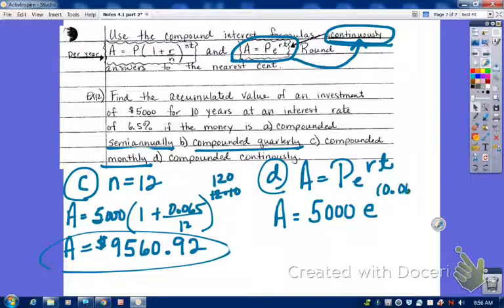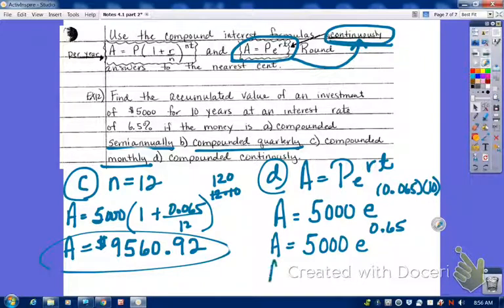All right, remember your rate. You have to still move the decimal. So it's going to be 0.065 times 10. So before I put it in my calculator, I would probably go ahead and multiply 0.065 times 10 and then enter that into my calculator. So that's going to be 5,000 e to the 0.65. And remember, to get to e, you have to do second ln.